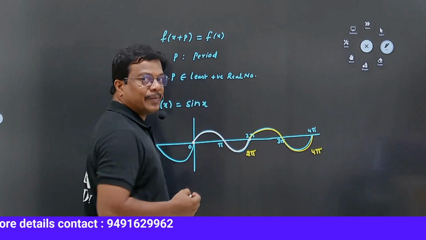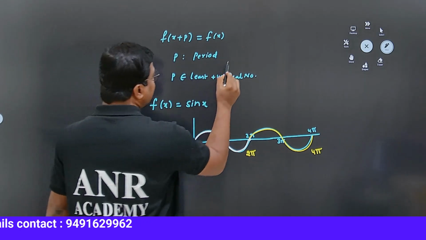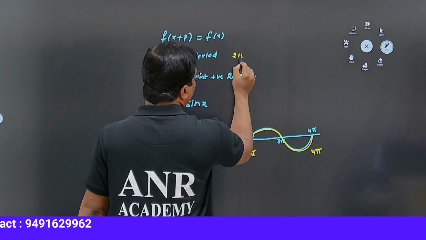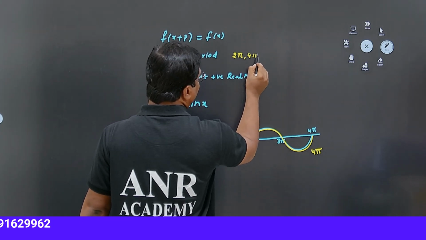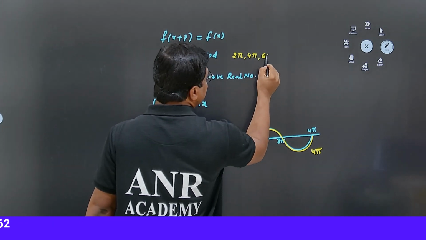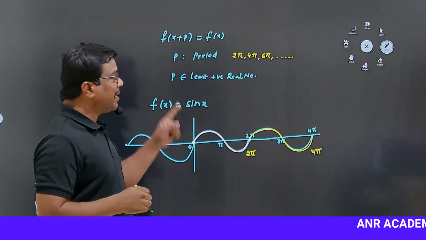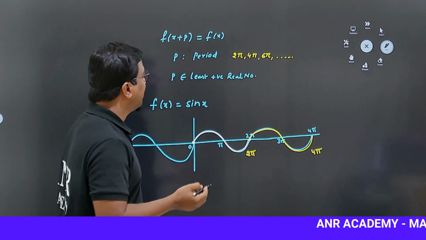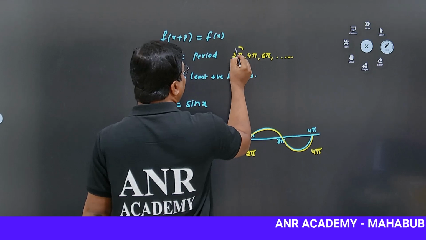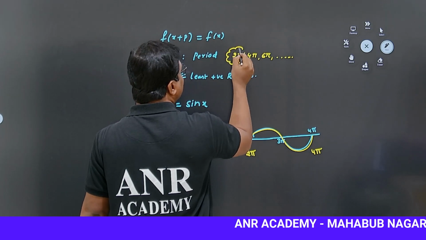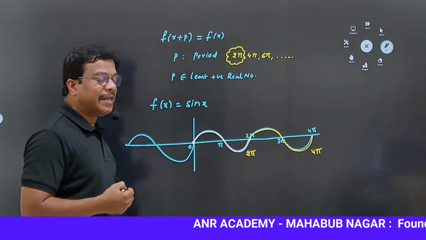So 4 pi is also a period. So period is either 2 pi or 4 pi or 6 pi and so on. Remember, the fundamental period is the least positive real number. That is, 2 pi is the fundamental period.